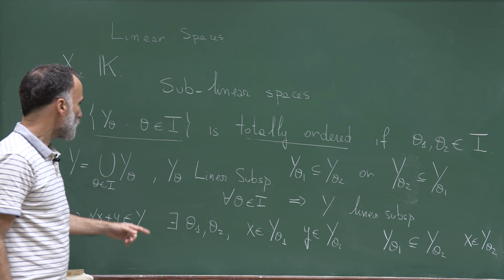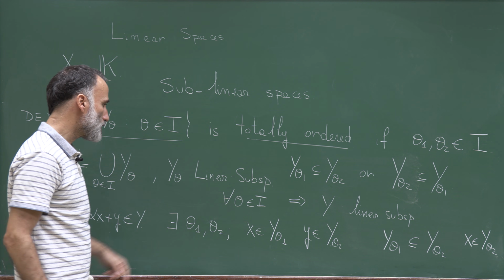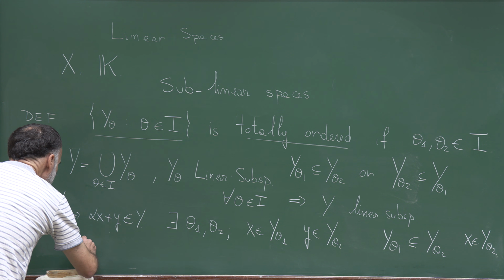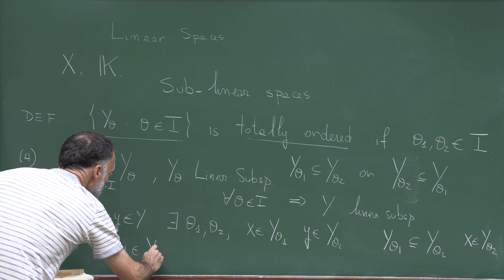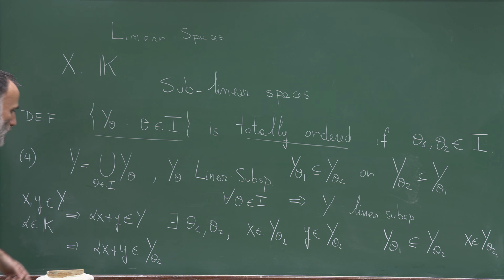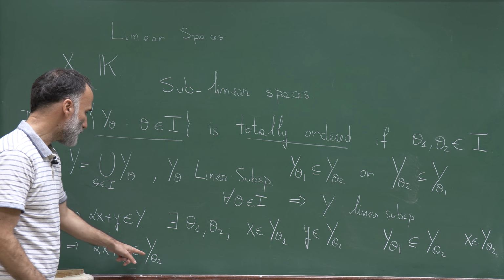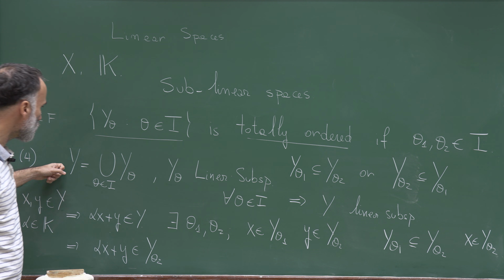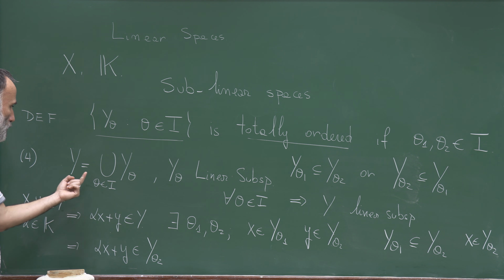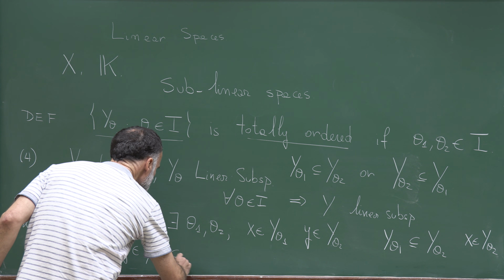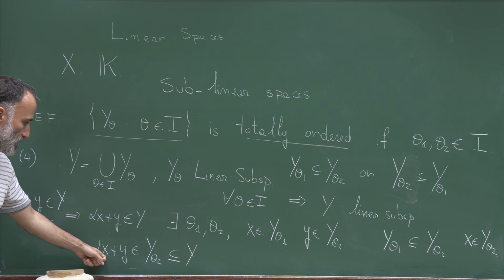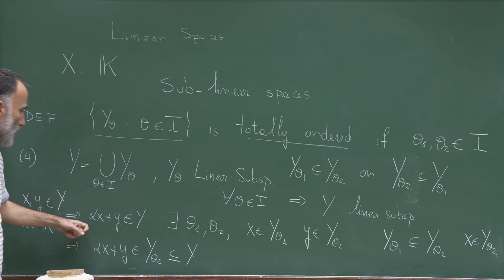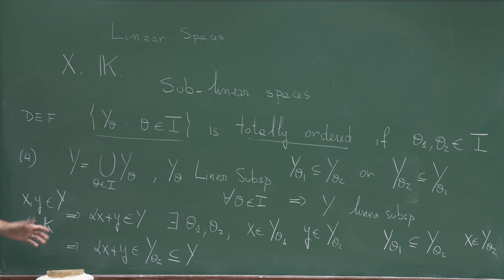And since Y theta 2 is a linear subspace, alpha x plus y belongs to Y theta 2. And since it belongs to Y theta 2, it belongs to Y because Y theta 2 is contained in Y. Therefore, we proved that alpha x plus y belongs to Y, as we needed in order to prove that this union is a linear subspace.